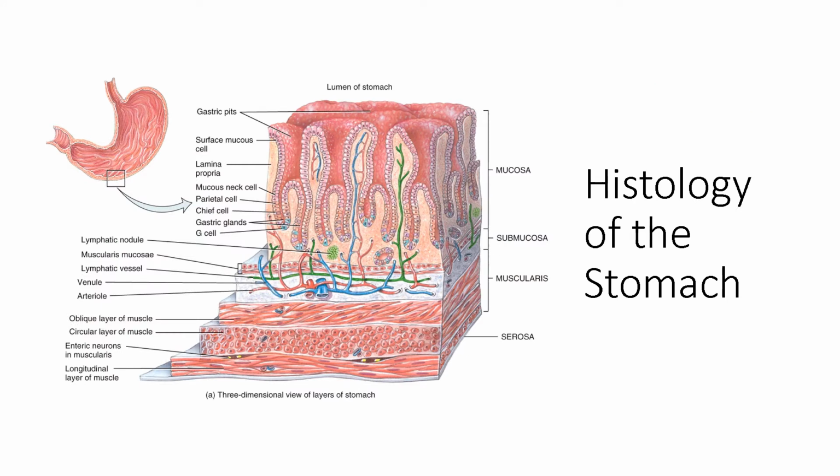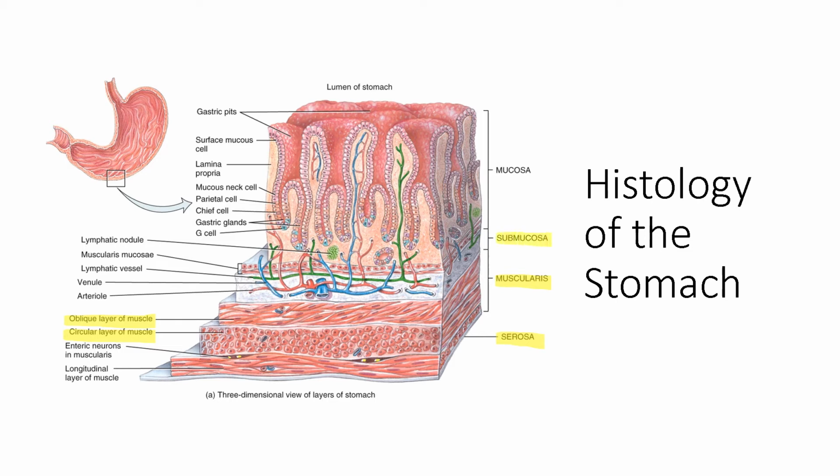Now, the stomach wall is composed of the same basic layers that the rest of the gastrointestinal tract is made up of, with a couple of modifications. So we have the most superficial layer being the serosa, then the muscularis layer with a circular layer of muscle and an oblique layer of muscle, diagonally arranged.